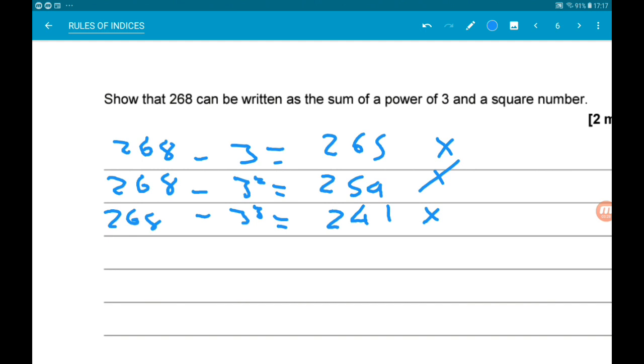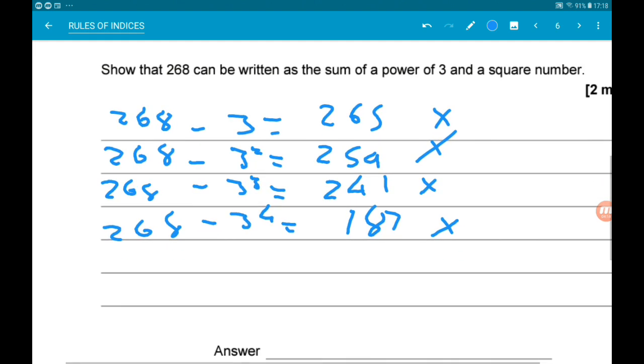268 minus 3 to the power 4. So 3 to the power 4 is 81. 268 minus 81 is, time for a calculator, so that's 187, which is not a square number.